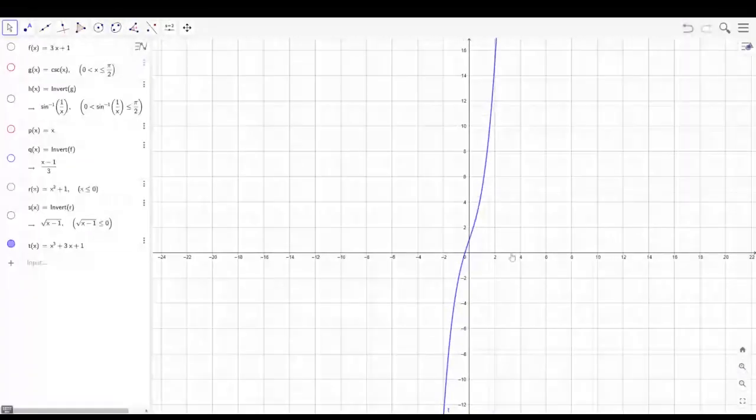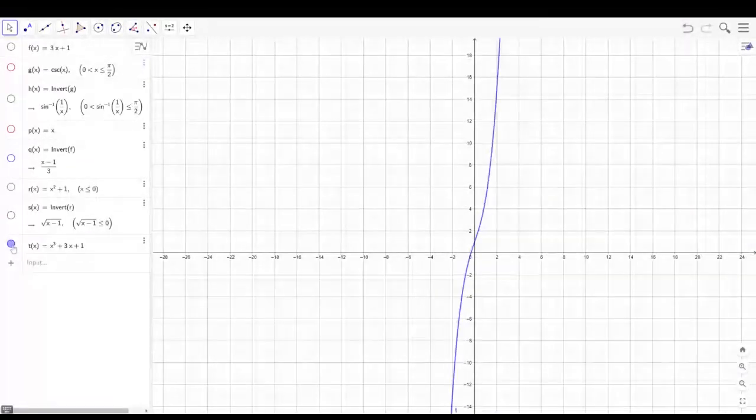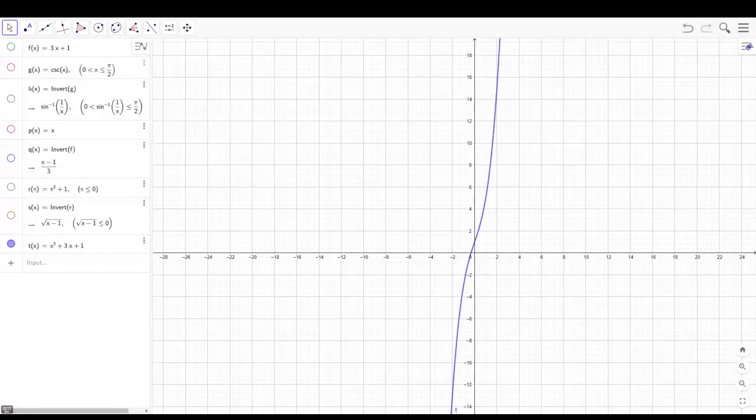So let me share again. All right. Here is the function x cubed plus 3x plus 1. Okay. So who can tell me, is that function a one-to-one function?